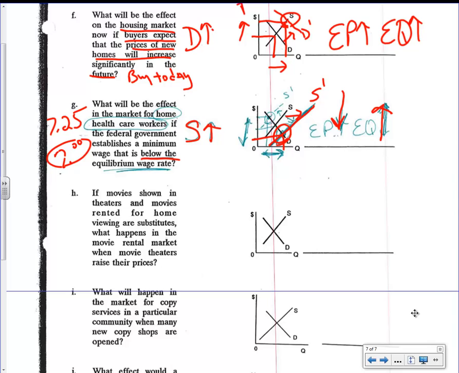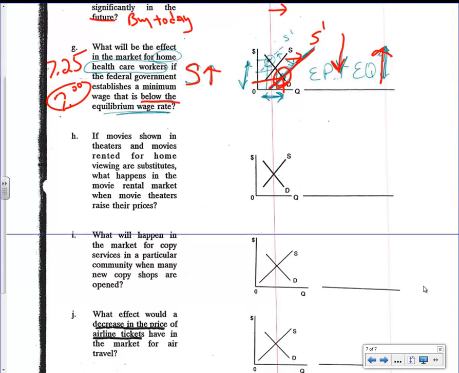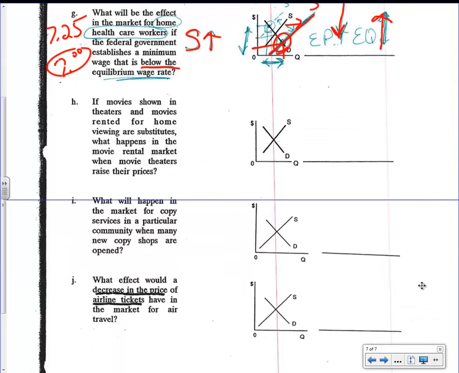Letter H. If movies shown in theaters and movies rented for home viewing are substitutes, what happens in the movie rental market when movie theaters raise their prices?